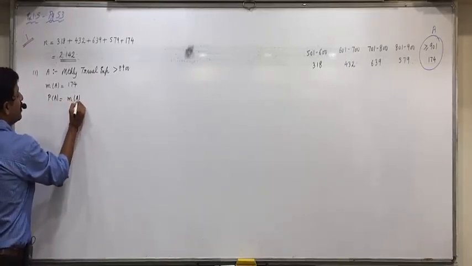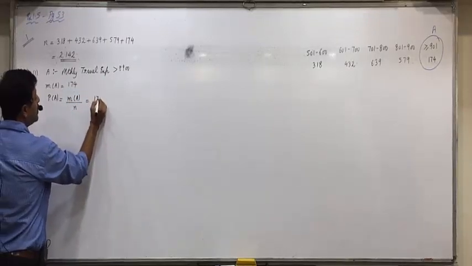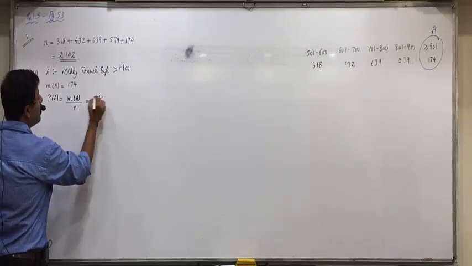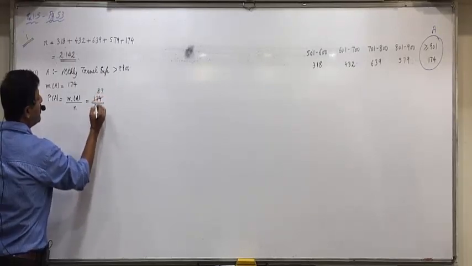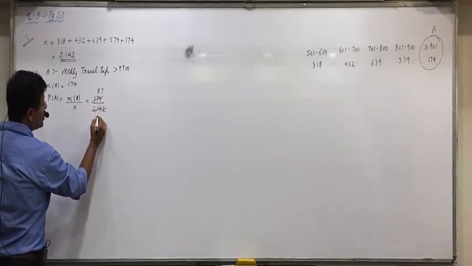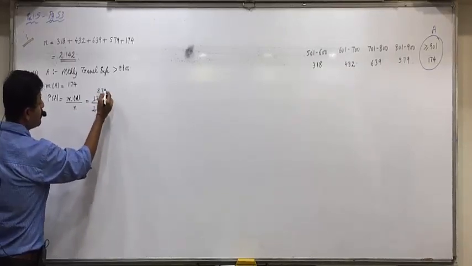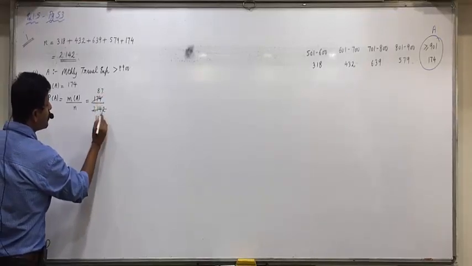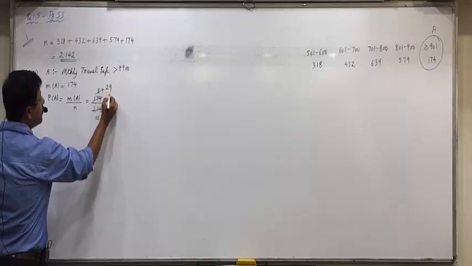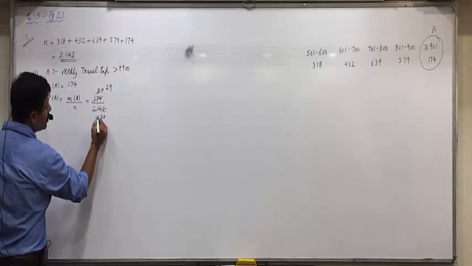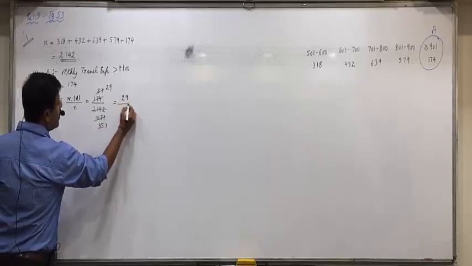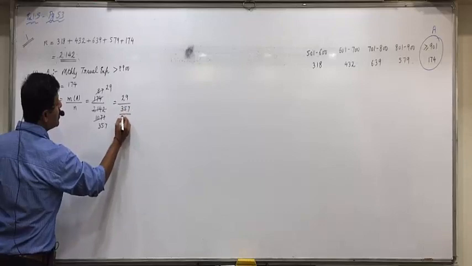M of A upon N, 174 upon 2142. 2 into 87 and 2 into 1071. 3 into 29, 3 into 357. So 29 divided by 357.